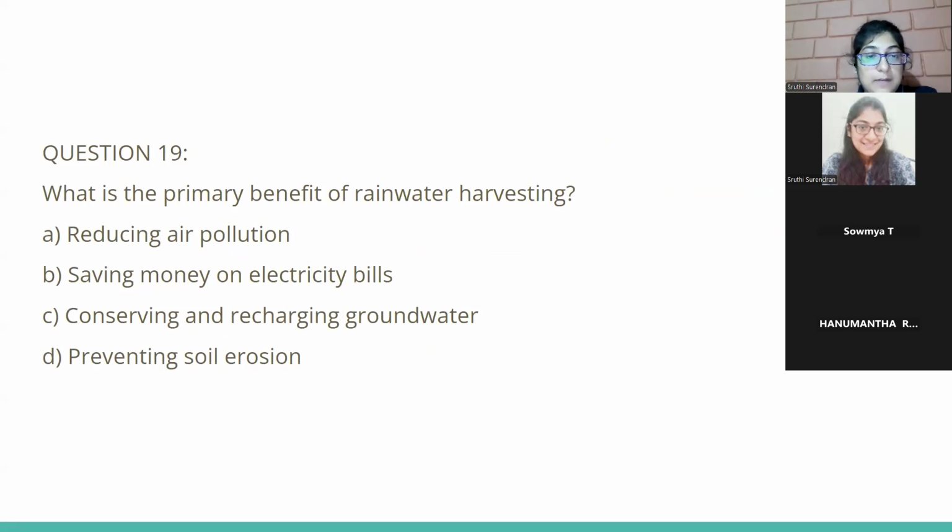What is the primary benefit of rainwater harvesting?